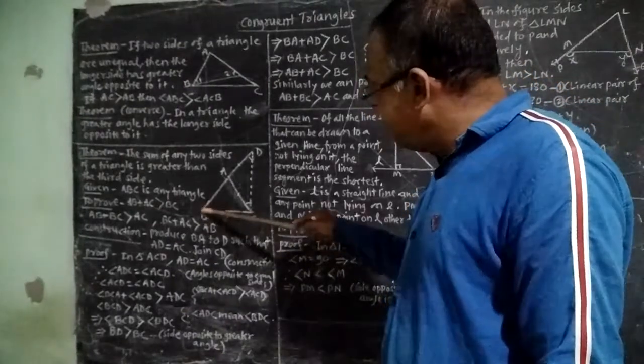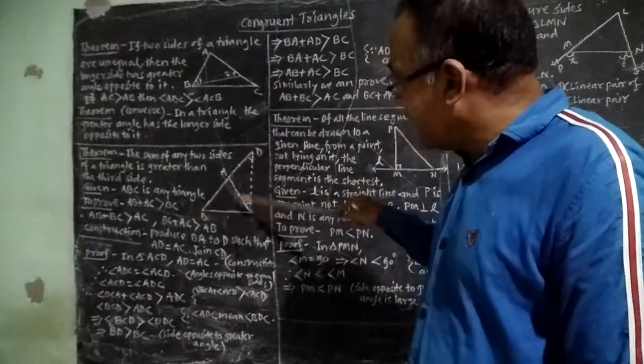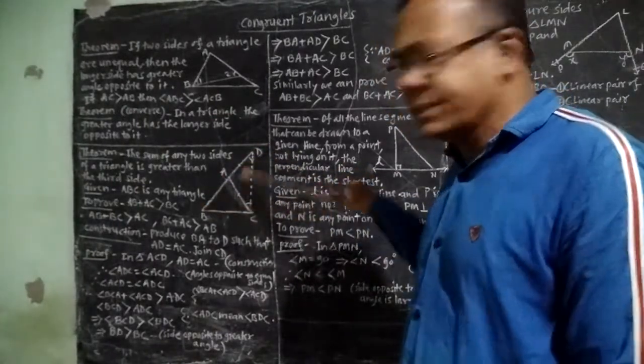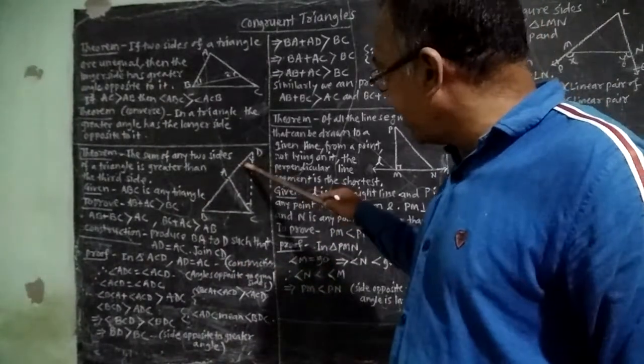Angle ADC means angle BDC; only the name of the angle at D is changed.